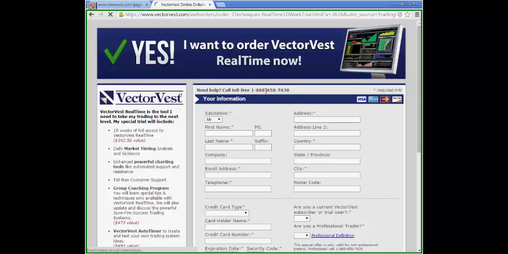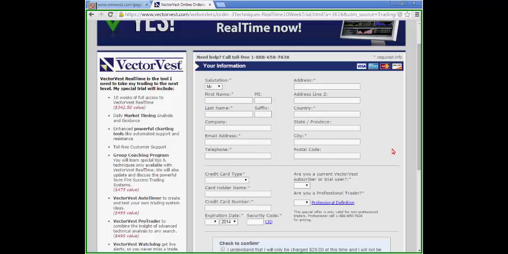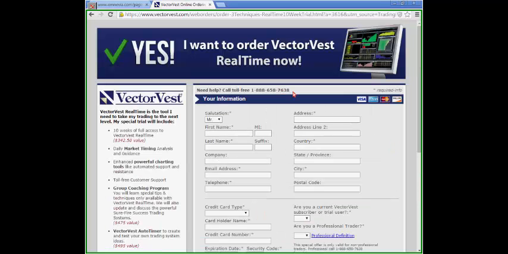Right at the top, you can just put your number in there. If you live in Canada and you want to make sure that you set it up correctly, you place your order on the site here. Just fill in all this information, and then give us a call and say, hey, I just placed my order. I want to make sure it gets processed for VectorVest US and Canada, and have US on real time and Canada on 15-minute delay.